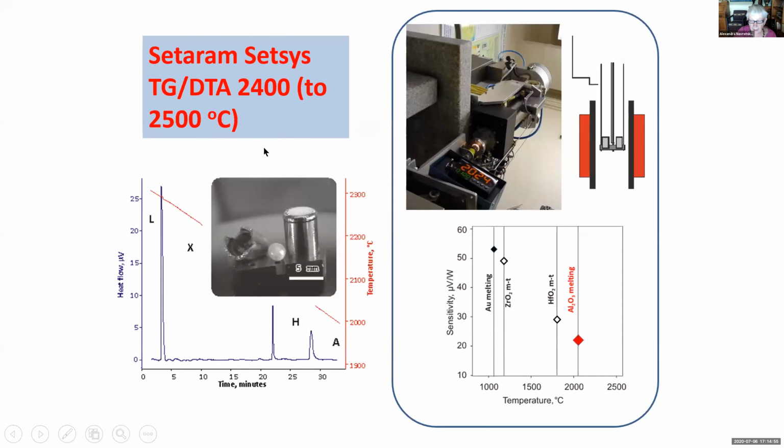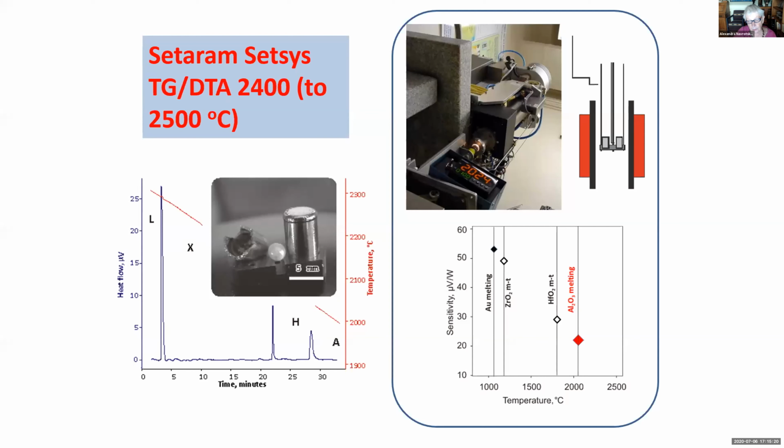So the second thing that we have done is use a commercial calorimeter, slightly modified. It's a Setaram Setsys thermogravimetric differential thermal analysis apparatus that normally works to 2400 degrees C, but we've modified it slightly to work to 2500.